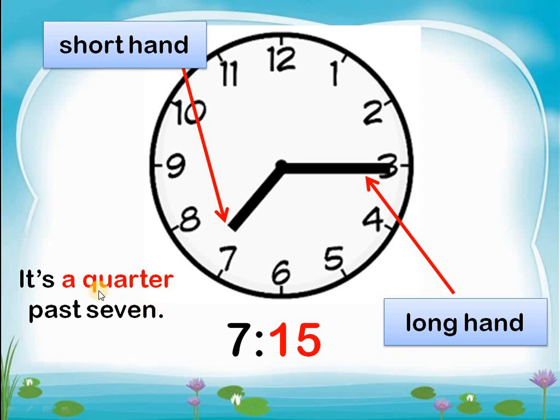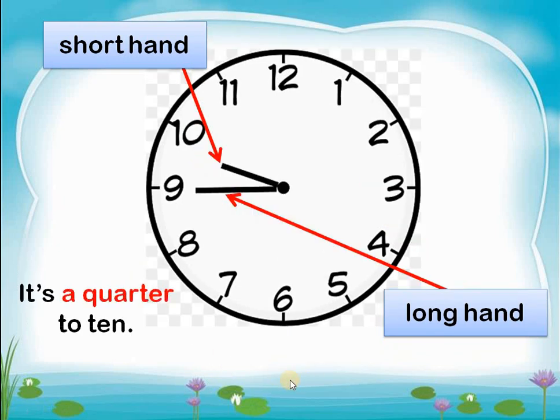Ingat saja, a quarter past 15 minit kalau dalam bentuk digital. Tetapi kalau a quarter to adalah 45 minit, di mana long hand tunjuk pada nombor 9. So, it's a quarter to 10.